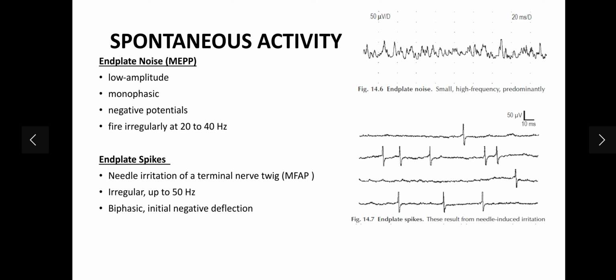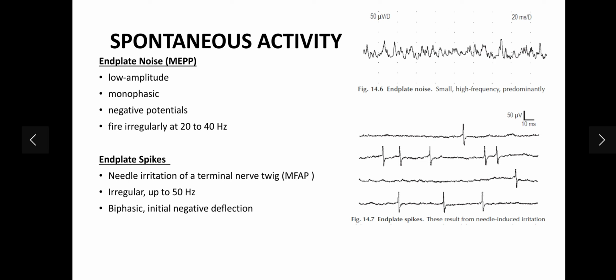The first one is end-plate noise or miniature end-plate potentials, and these are small in amplitude, monophasic negative potentials that are irregular. These are the upper shape, and you can see they are irregular and small in amplitude, and usually you see this if the needle is very close to the end plate.